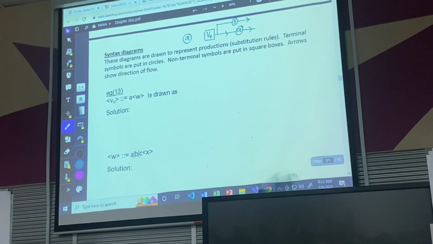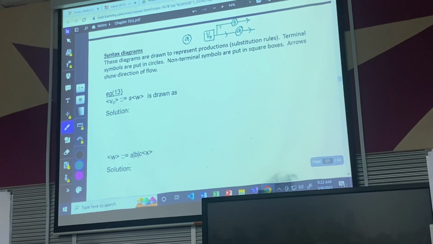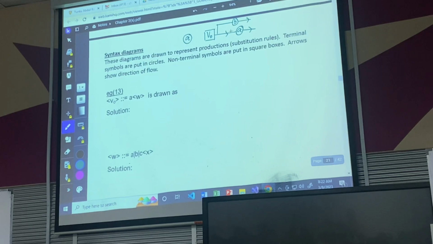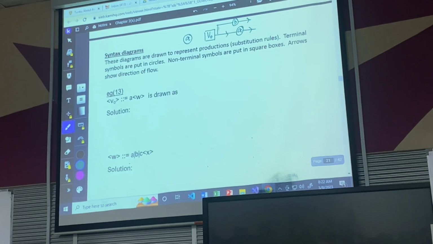So both of these are substitutions from V0, and both of them are terminal symbols. So after I substitute A, I can terminate and go out, or I substitute V0 with B, I can also terminate and go out. So this is the syntax diagram.